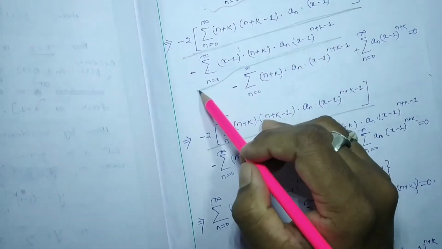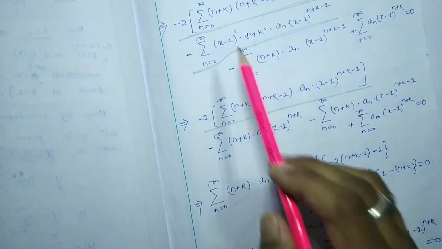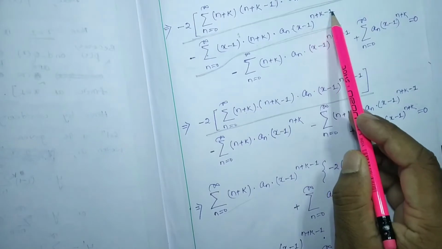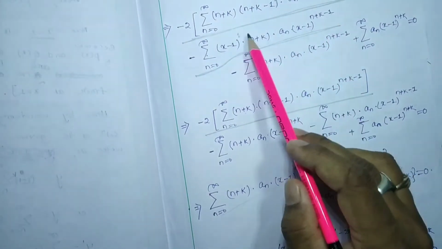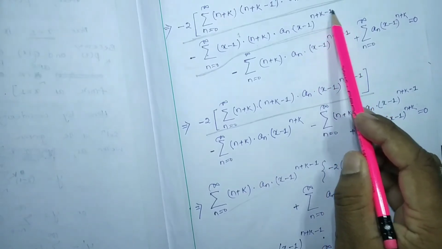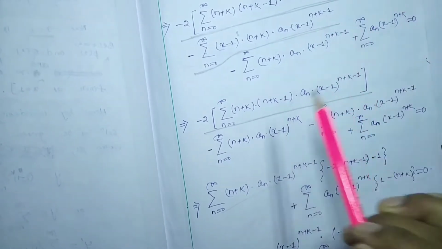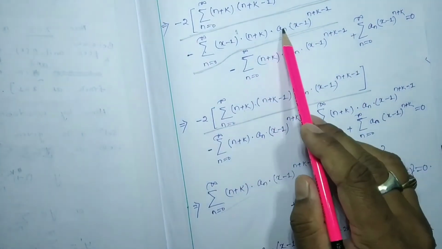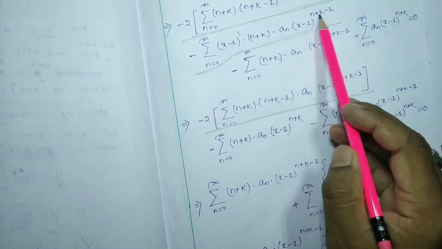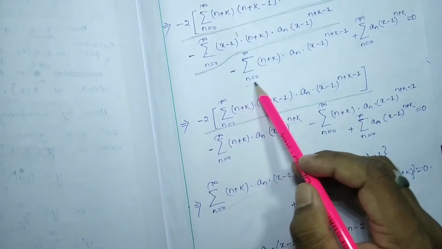So this term has been modified like this: n plus k, x minus 1 to the power 1 times x minus 1 to the power n plus k minus 1. The power adds up, so it will be n plus k minus 1 plus 1. Minus 1 plus 1 gets cancelled, and x minus 1 to the power n plus k remains. So n plus k a n x minus 1 to the power n plus k. Now come to the third term.